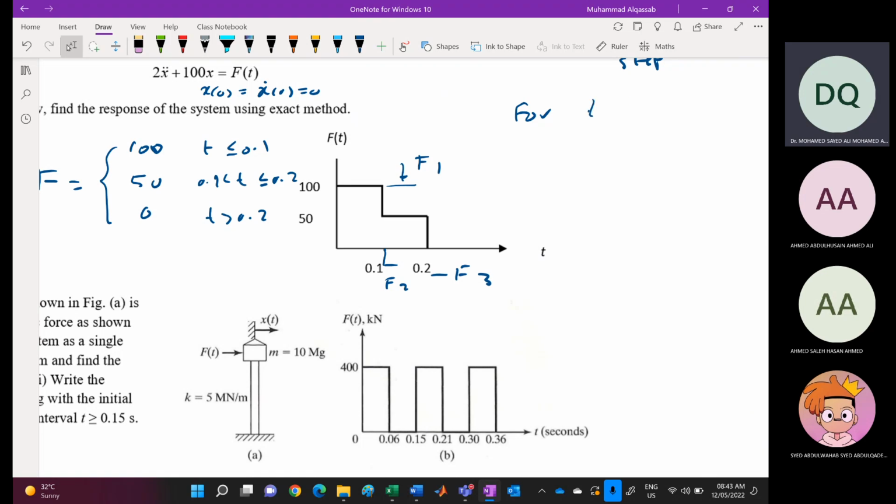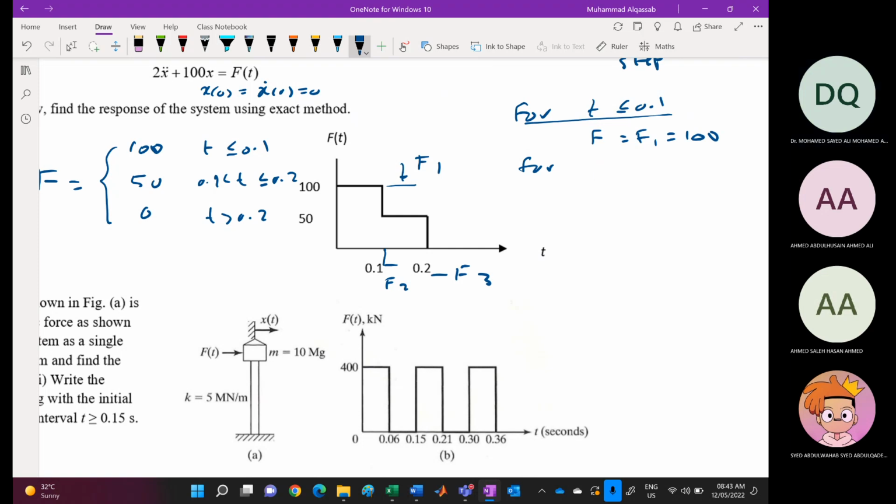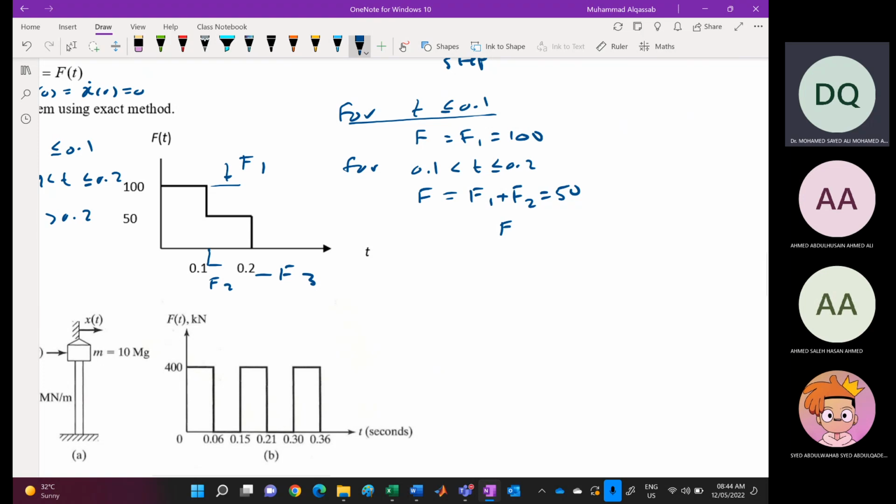For t less than or equal to 0.1, f equal to f1 equal to 100. For t greater than 0.1 and less than or equal to 0.2, f is equal to f1 plus f2 equal to 50. From here we can find f2: 50 minus 100 is minus 50.